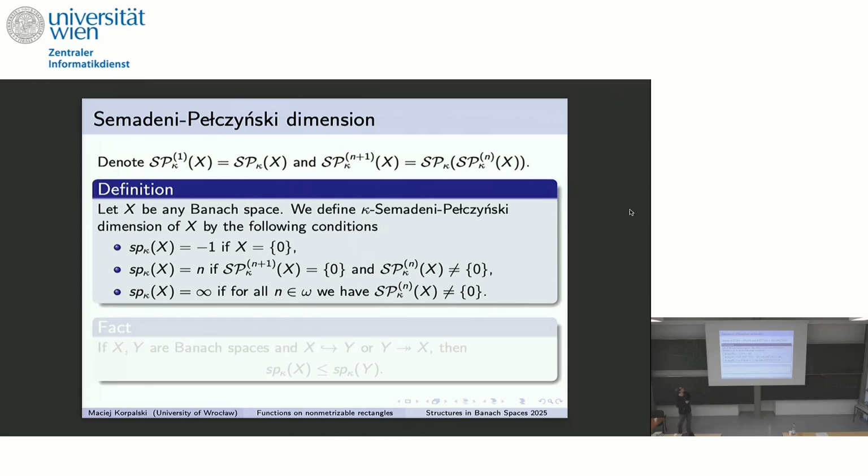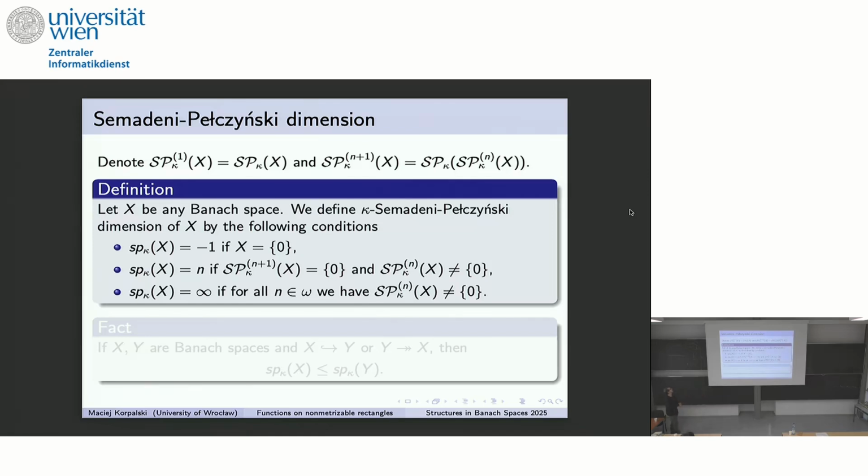Next, this is another definition I developed. Let's consider this Semadeni-Pełczyński dimension, which we define by iterating the derivative. The first iteration of the derivative is just the derivative, right? The n+1 iteration is just applying it n times and applying it again.